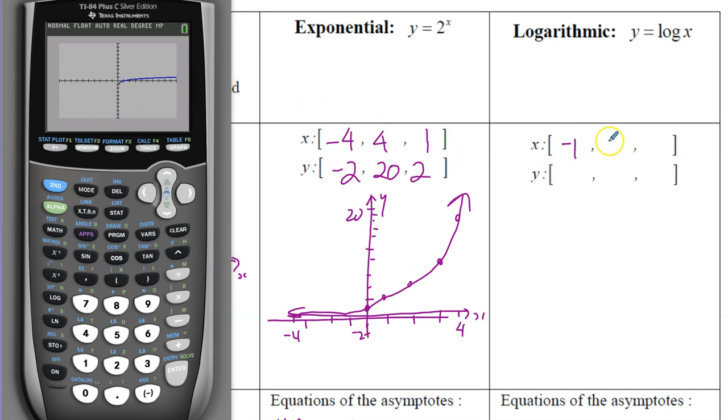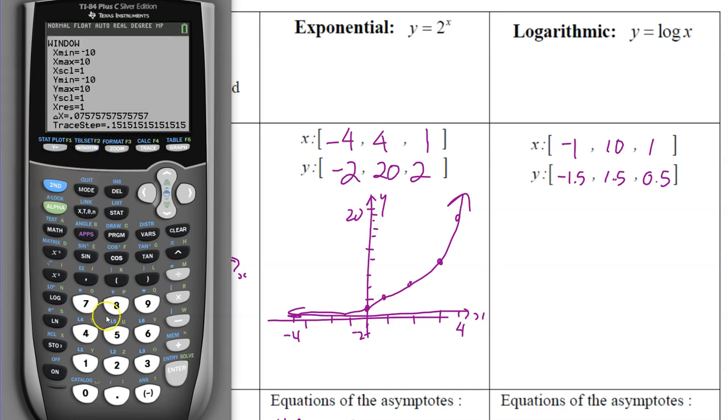We're going to go from -1 to 10 by 1s, and we will take the y's from -1.5 to 1.5 by 0.5. Okay, so just kind of trust me on this one. You don't know about log functions yet.